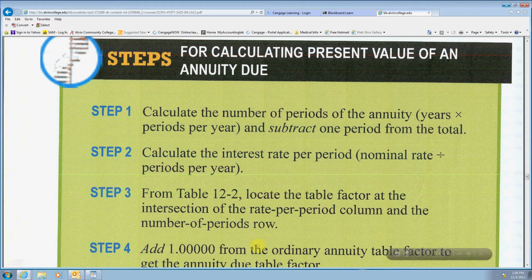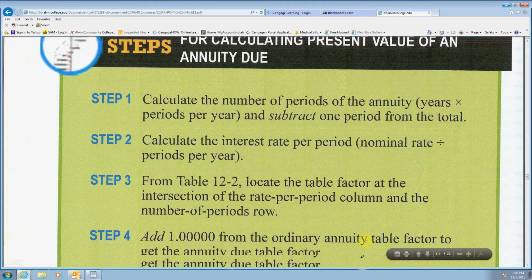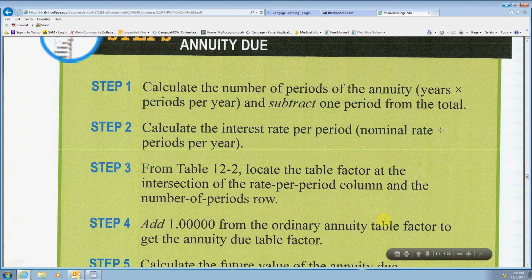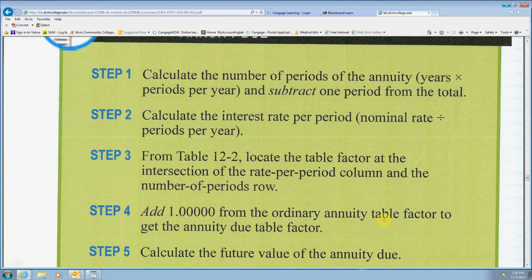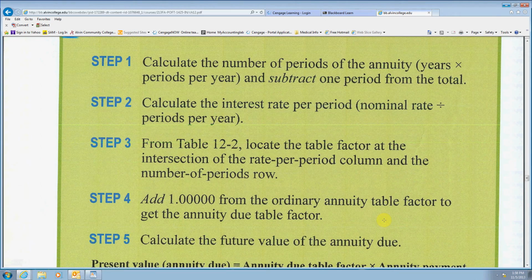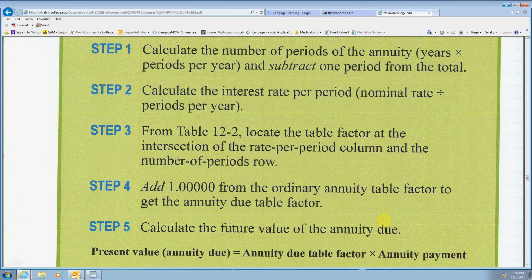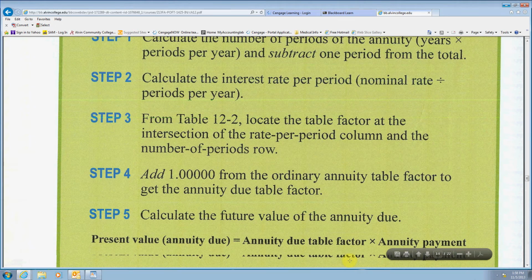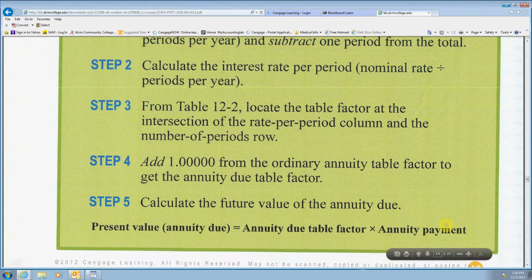And we'll be adding one, again, to adjust the table from ordinary annuity table to annuity due factor. And then we calculate, it says future value, but it should be present value. Present value of annuity due is annuity due table factor times the annuity payment.